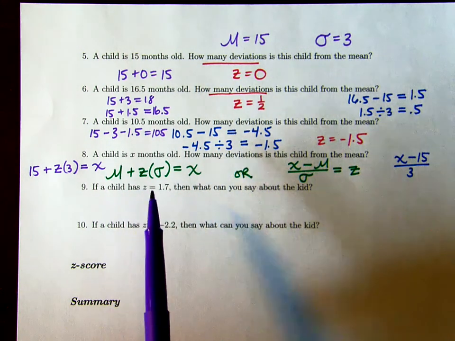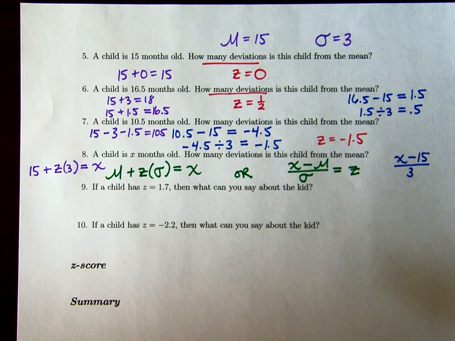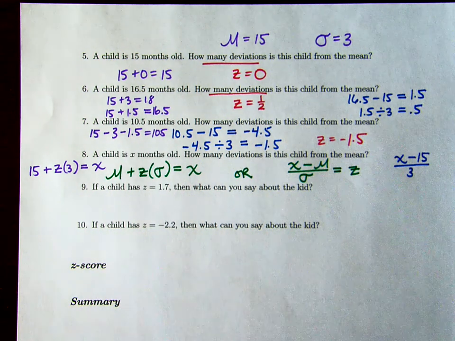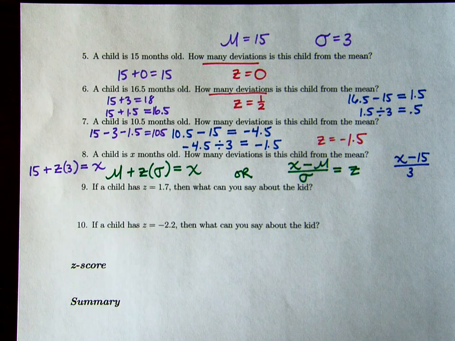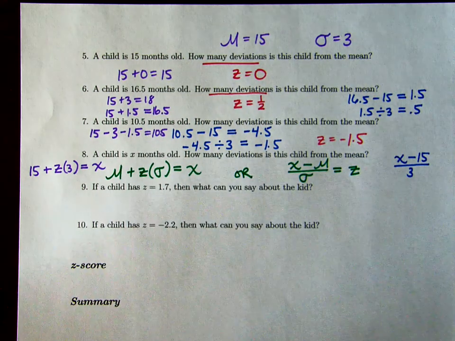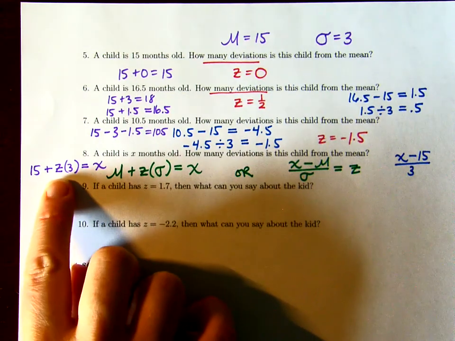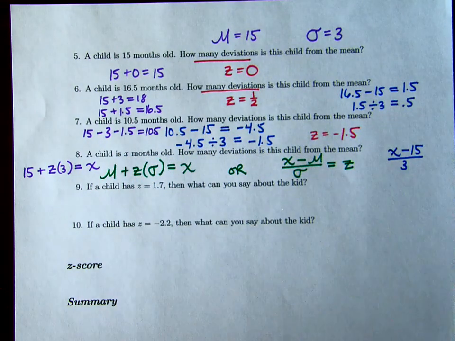If a child has a z-score of 1.7, what can you say about the kid? Now we have the z, and we're working backwards. I'm going to look at the purple one, just because it seems easier to put in 1.7 here in order to figure out the child's age.